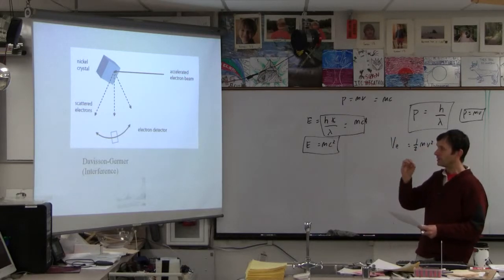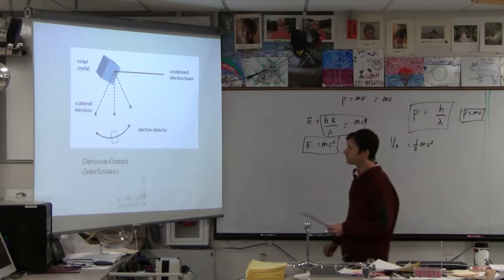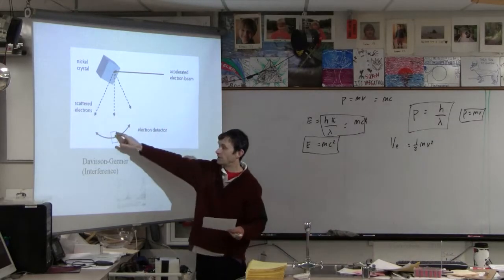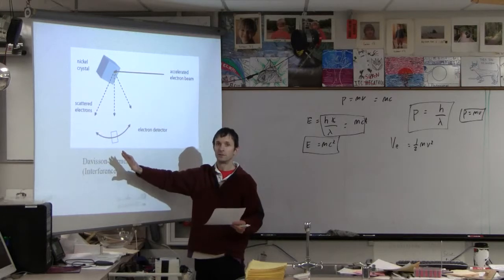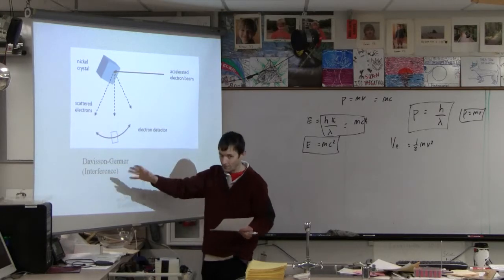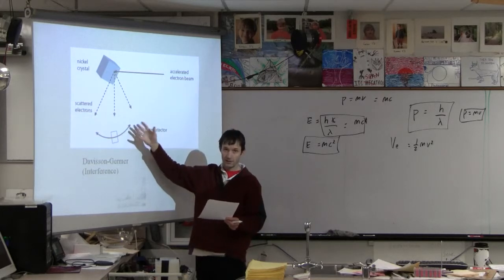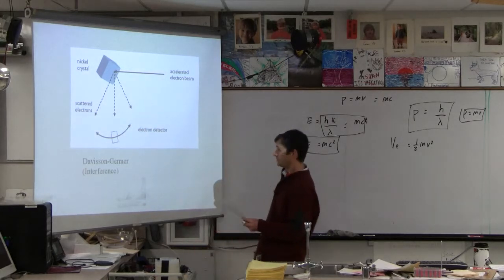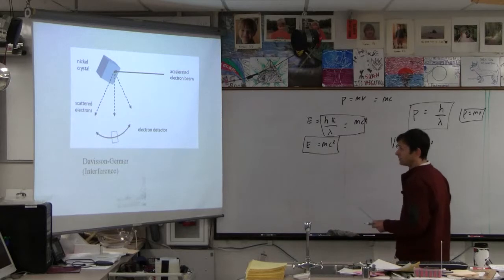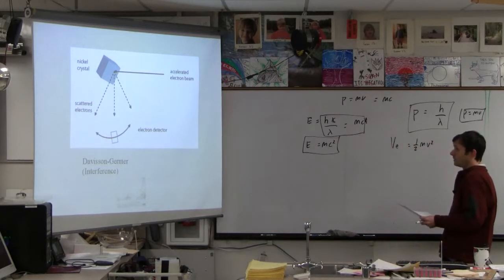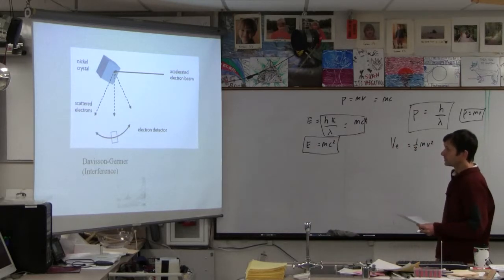You'll get bright, dark, bright, dark patterns here, just like you get with light. So light can do this because it's a wave, acting like a wave this time, right? And electrons can do this, particles acting as waves, which is pretty cool.